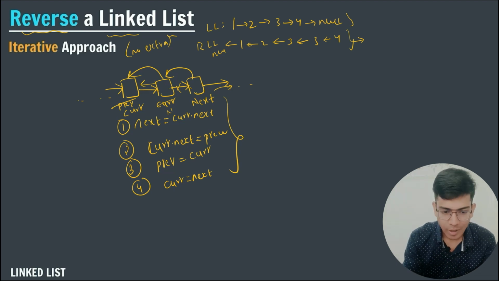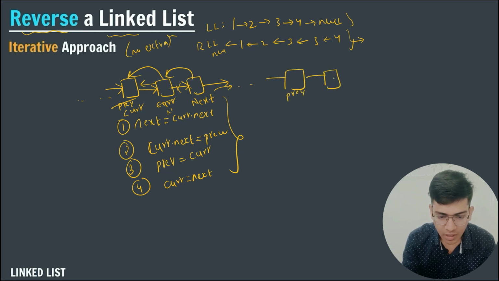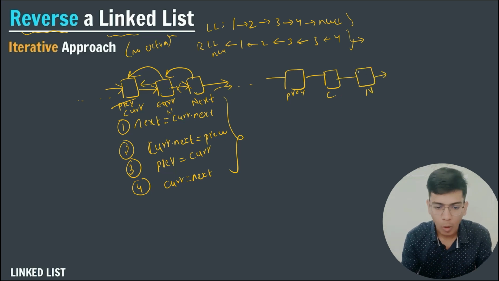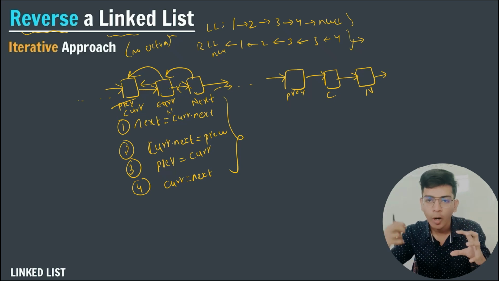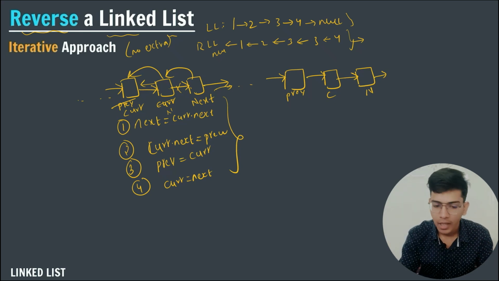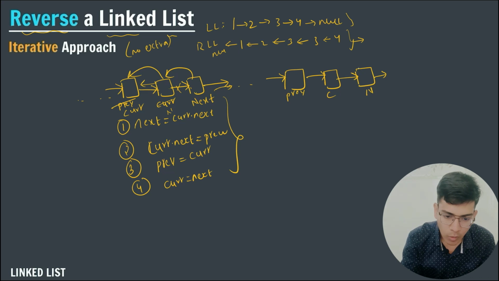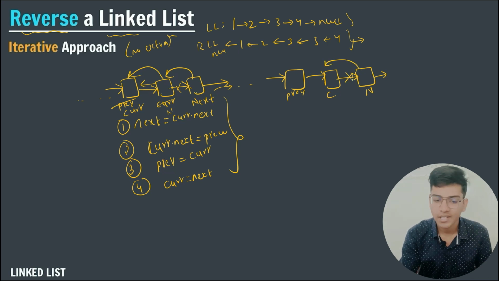So let me draw it again, this looks kind of messy. This is our previous, after this is our current, this is our next, and this is the direction of pointing. First of all, next is pointing to its corresponding next element. Instead of that, I am going to point next to current and break this connection.